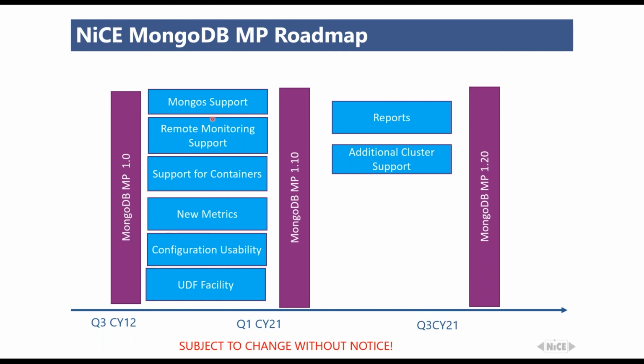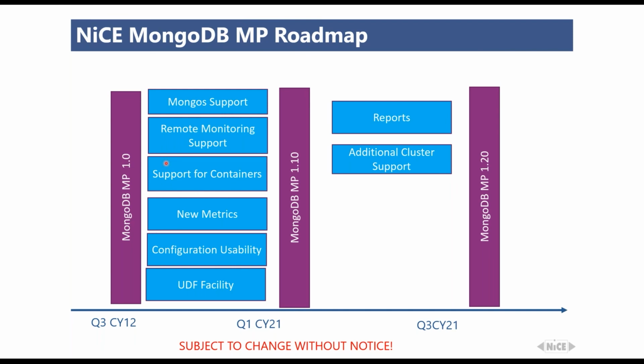We are trying as much as we can to build new versions, but we have basically 10 different products we have to maintain. So we have to juggle a bit around and make sure the developers are all happy working on the different products. One of the highest demands right now that we are working on is the support for containers and remote monitoring. These go together.